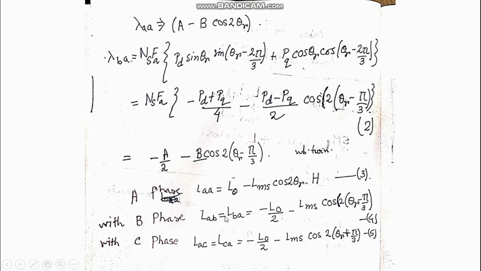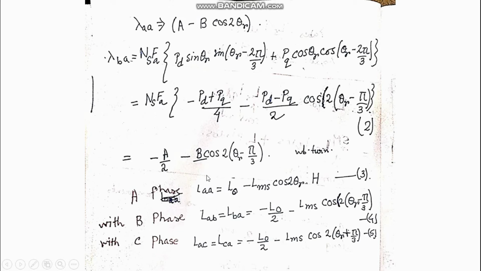Now if we proceed, what we will see is that for the A phase, let us write the winding inductance, LAA is equal to L naught. Okay. Now how to find out flux linkage and inductance?